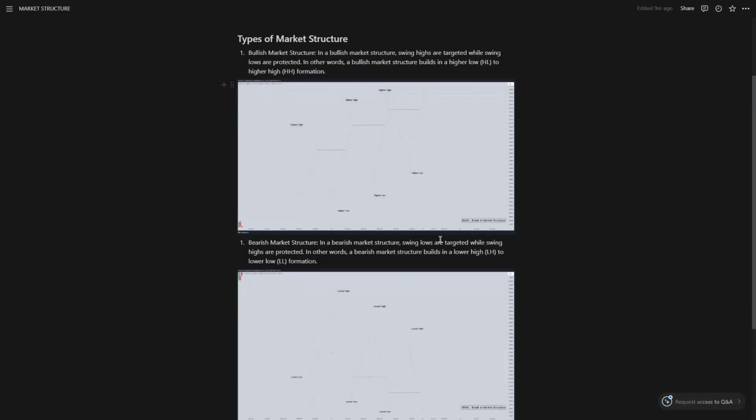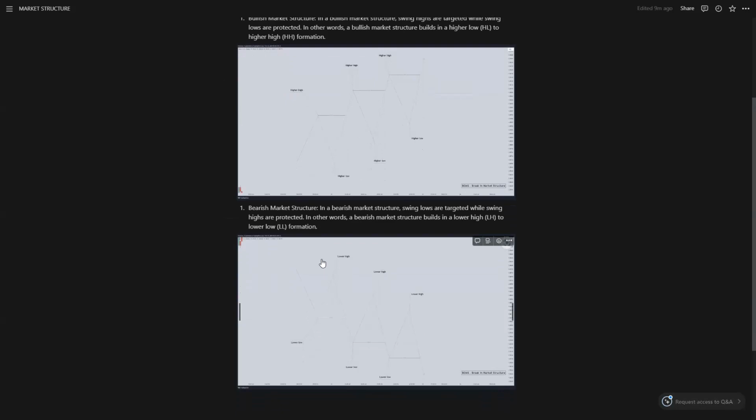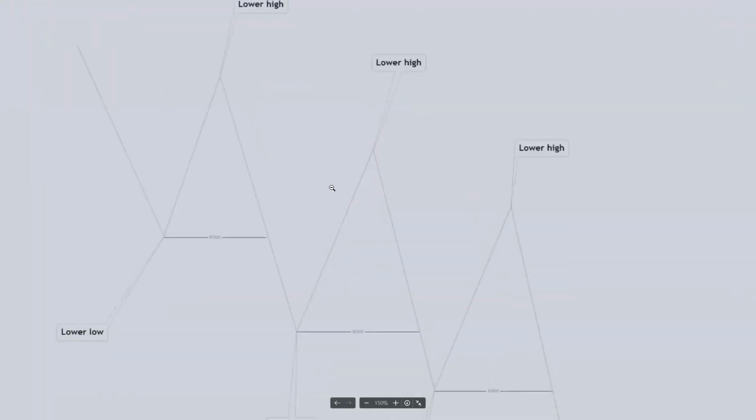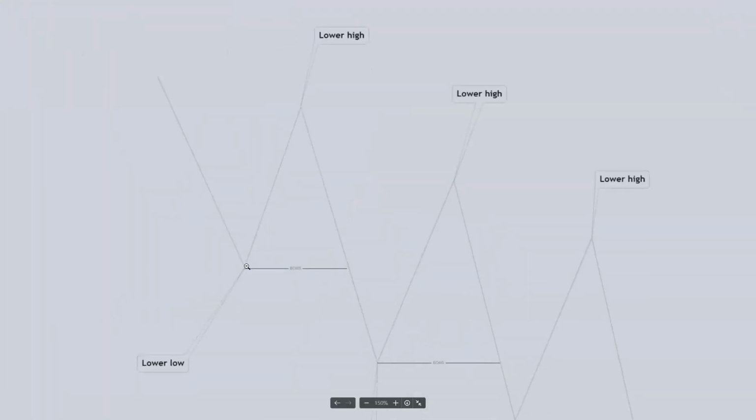The next one on the list is the bearish market structure. In the bearish market structure, swing lows are targeted while swing highs are protected. If you go to this image, this is a swing low, and it's targeted.